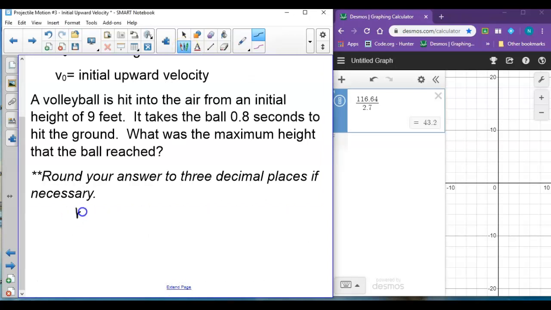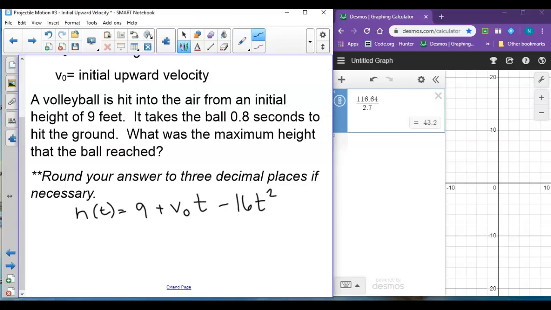So we would have h of t equals 9 plus v sub 0 t minus 16 t squared. And without having that initial upward velocity, we cannot write ourselves an equation that we can put into Desmos that we can find that maximum height with.